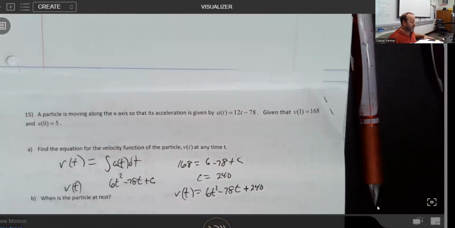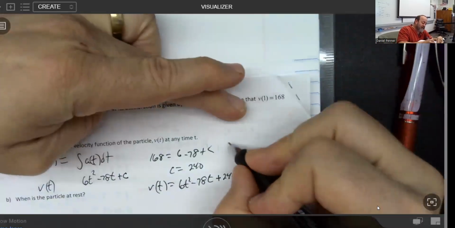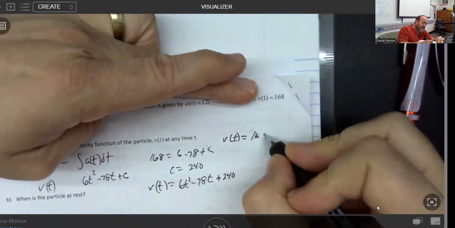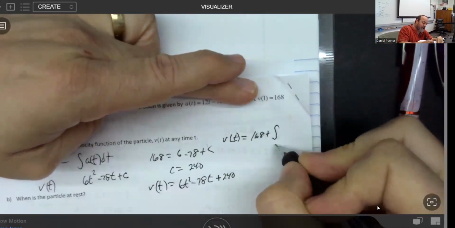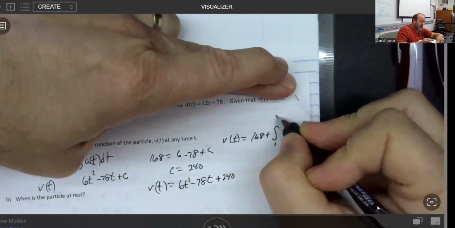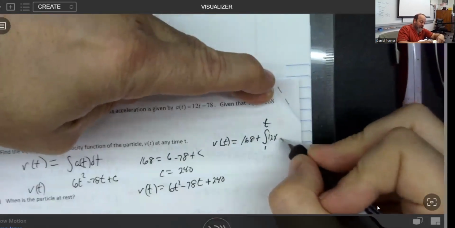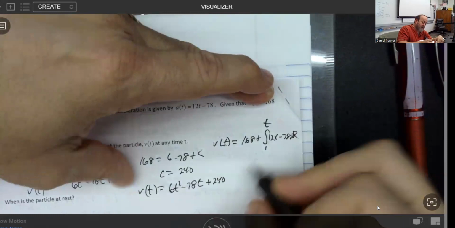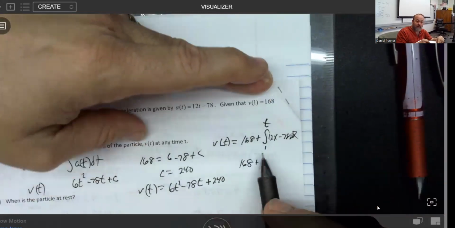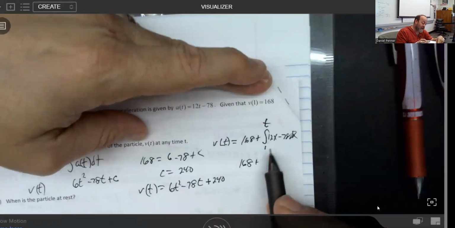Now, we also said that we could say the velocity at some time t would be 168 plus the integral from 1 to t of 12x minus 78 dx. Again, that's going to feel a little bit awkward this way, but remember, that's the value we had at 1, and I'm wanting to find the value from 1 to something else.